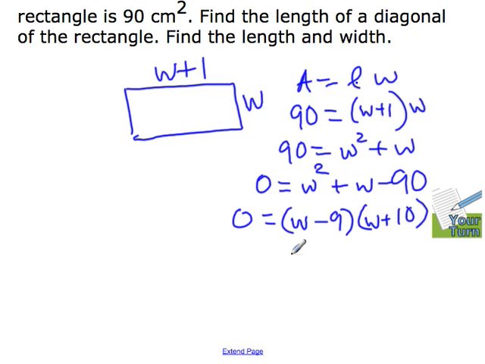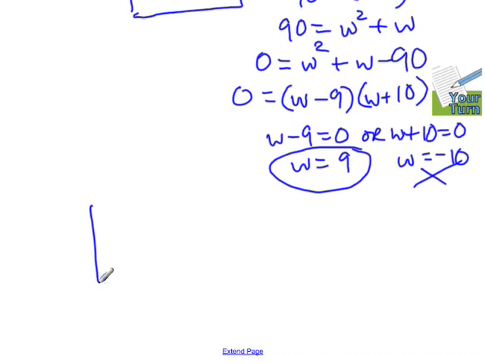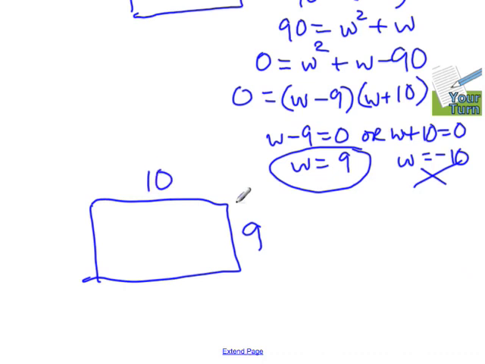Using the zero product rule, W minus 9 is equal to 0, or W plus 10 is equal to 0. In this case, W is 9; in this case, W is -10. A negative number doesn't make sense for a width. I'm going with 9. So the width is 9, and the length is one more than that, or 10.